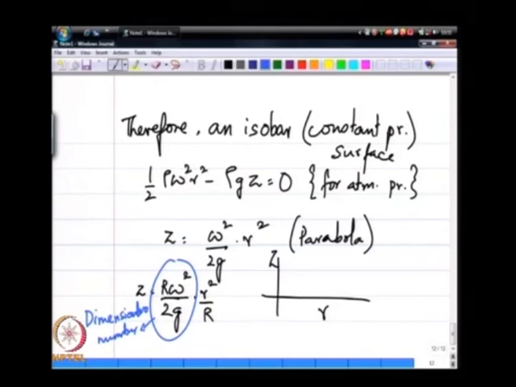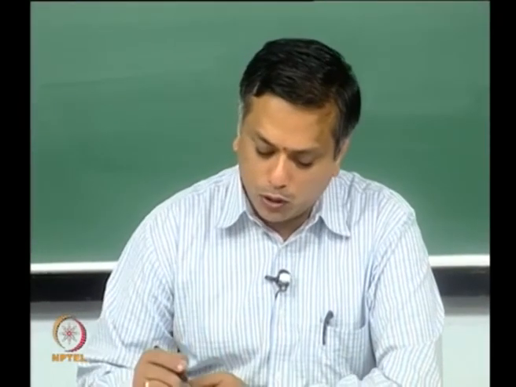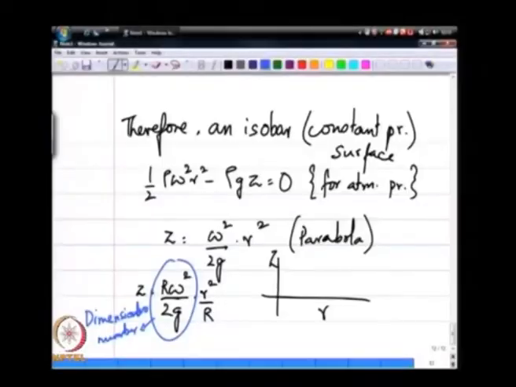So, as this dimensionless number becomes larger and larger, what do these curves look like? Essentially, if that is equal to 1, you get a curve that looks like this going up to r equal to R.